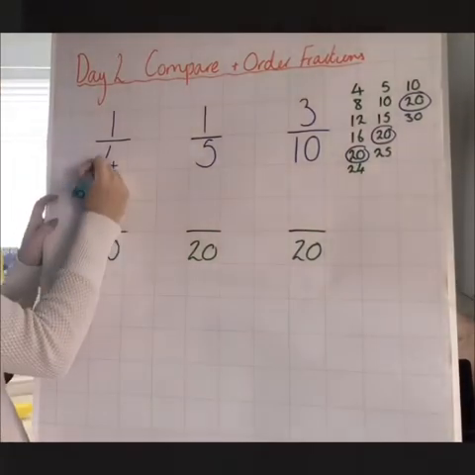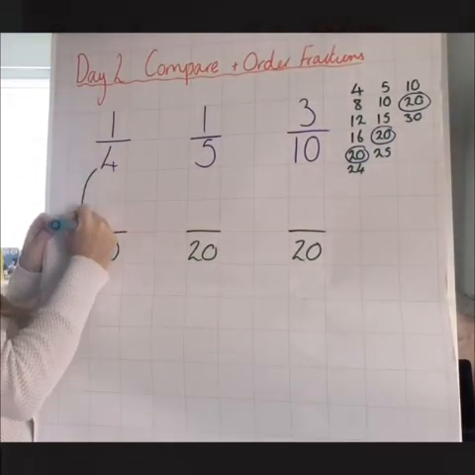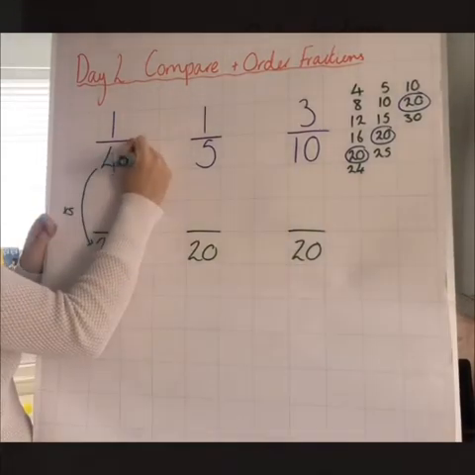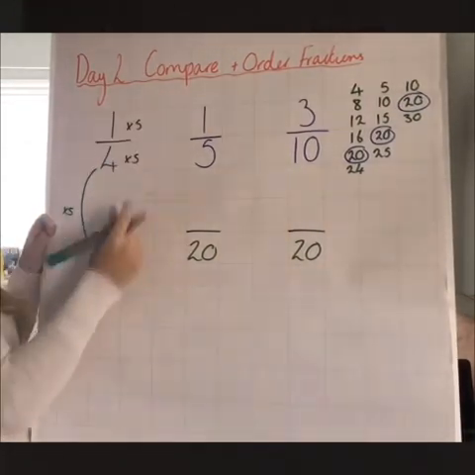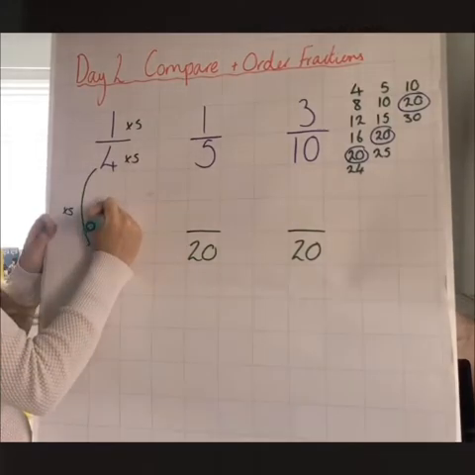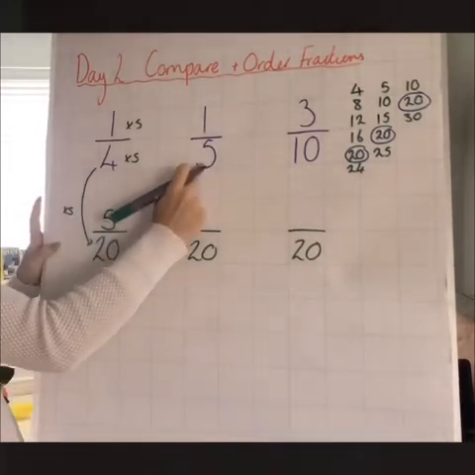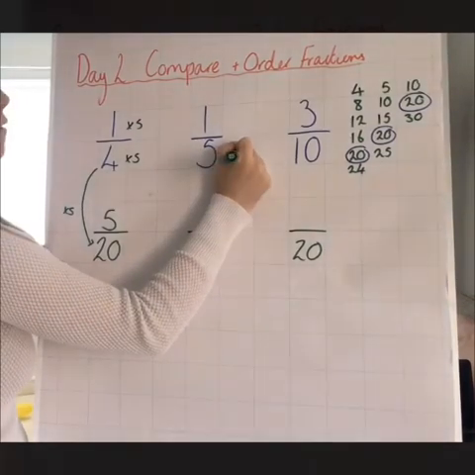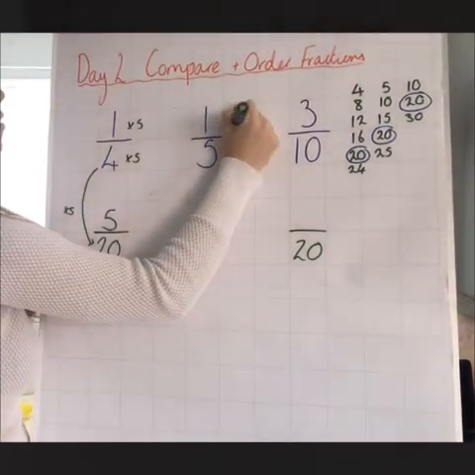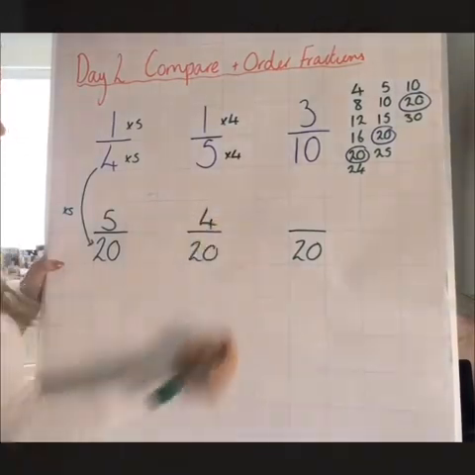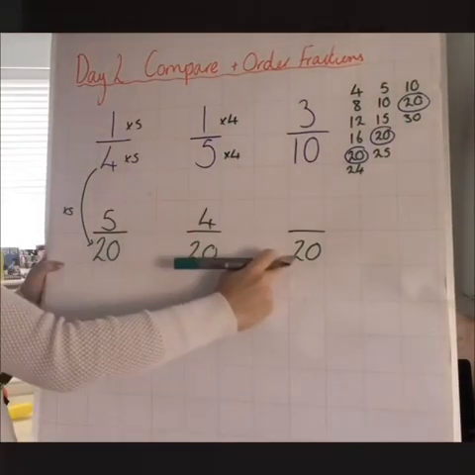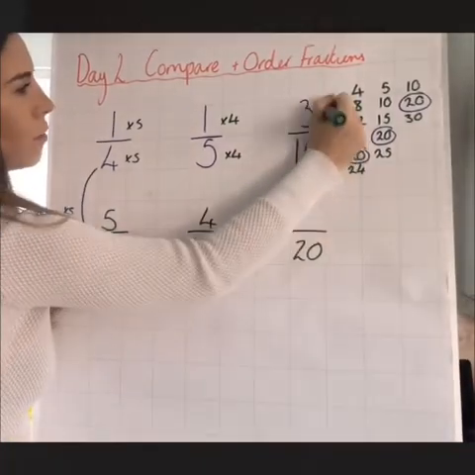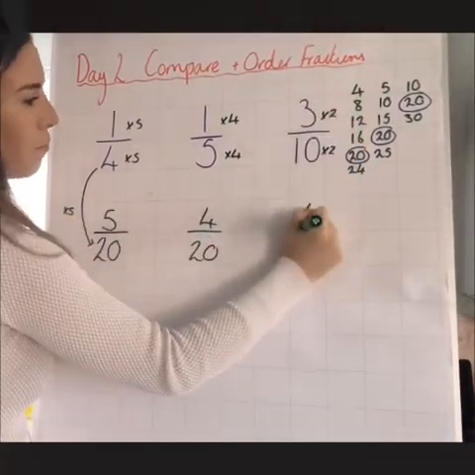So 4 was multiplied by 5, so times 5, times 5, okay. 5 was multiplied by 4, so times 4, times 4. 10 was multiplied by 2 to get 20, so times 2, times 2.